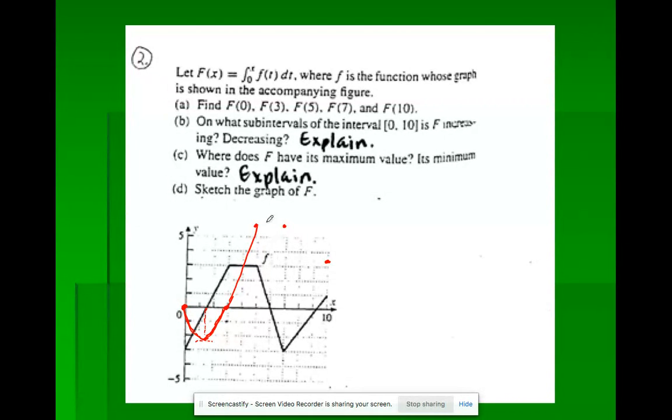Derivative is still positive, so I have to go up, but I'm concave down, where the derivative changes from positive to negative. I have a maximum. My derivative is negative, decreasing. Derivative is still negative, but now the derivative is increasing, so I need to be concave up.